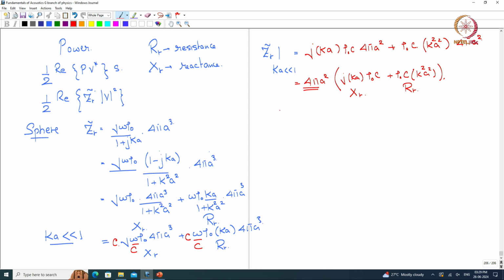Now we want the power, 1/2 the real part, z r tilde v square, then we get 1/2 rho 0 c k square a square into u0 square into 4 pi a square.